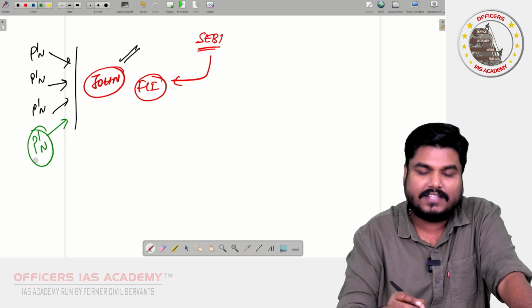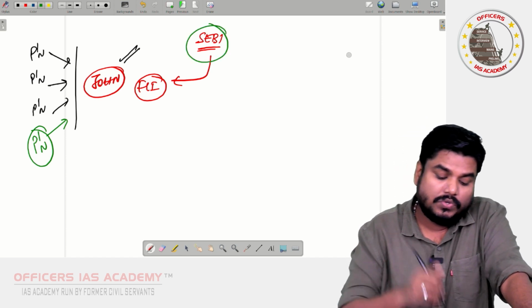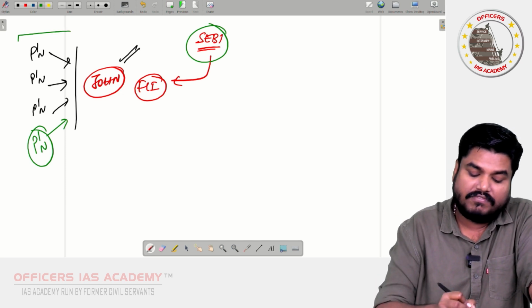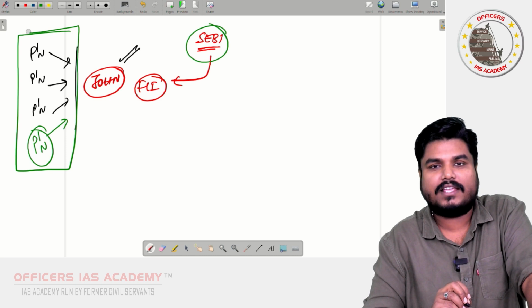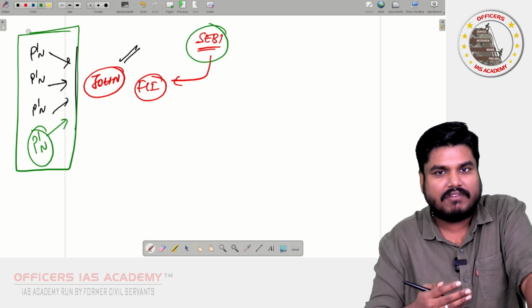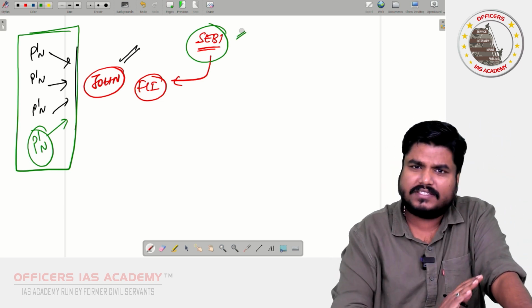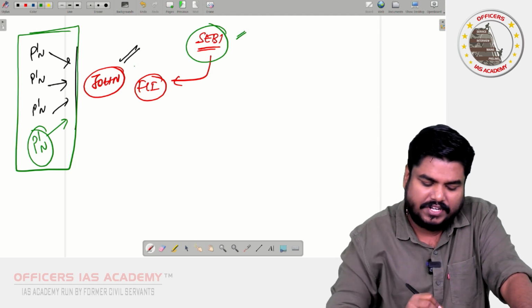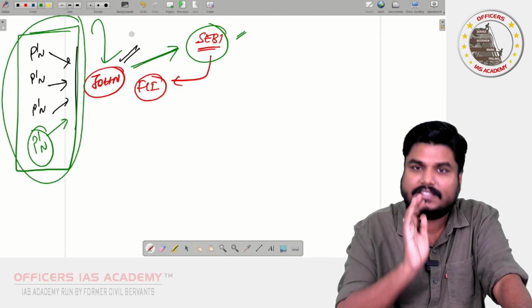So, what does SEBI say? John, your information is fine. But you should also have the information of your participatory note holders. Who are they? Their address, their business, basic information, you have to have. SEBI says, John, you keep it yourself. Your information you give to me, but the participatory note holder's information you keep yourself.